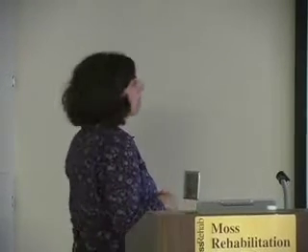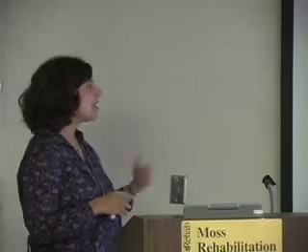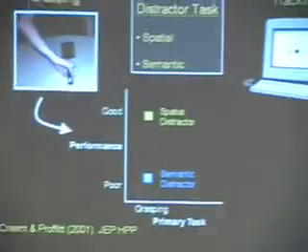And so we wanted to introduce a second motor task that we assumed didn't involve semantic processing, to address this concern that maybe that semantic distractor would interfere with just any task more than the spatial distractor. So we used a simple visual motor tracking task where the subject had to keep a crosshair positioned on a randomly moving dot on a computer screen.